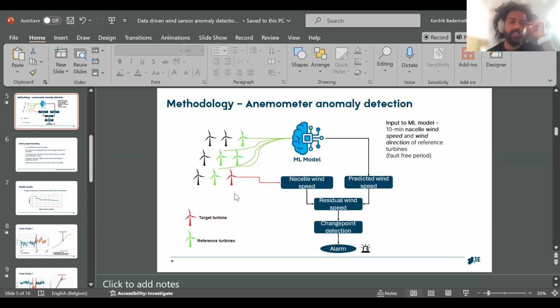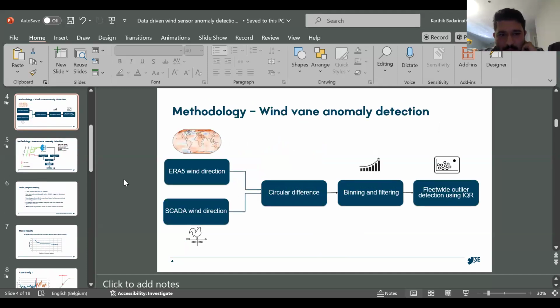Sorry for interrupting. On slide 4, for the scatter data, I assume it's 10-minute data, but what about ERA5? Is it the same scale? So SCADA is 10 minutes, and ERA5 is 1 hour. It's not real time.